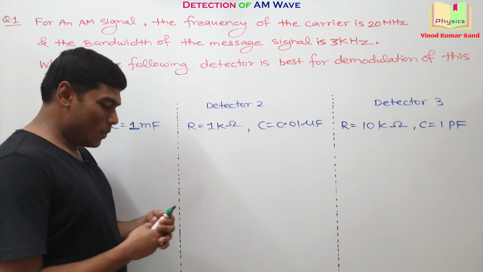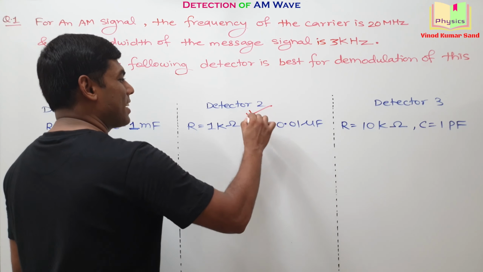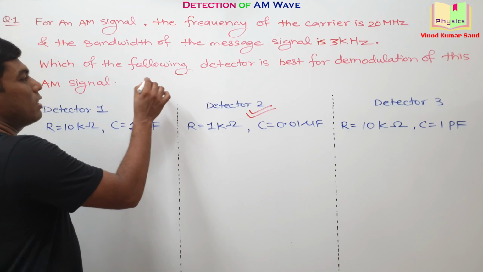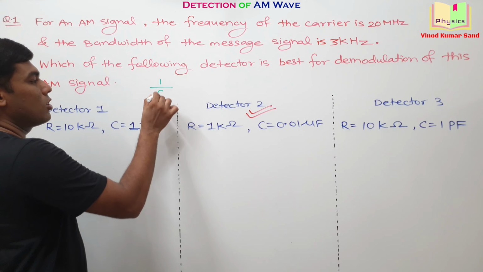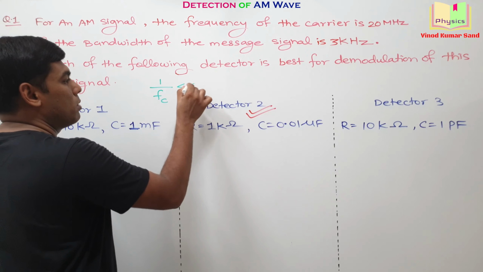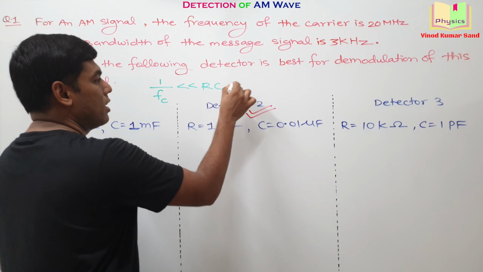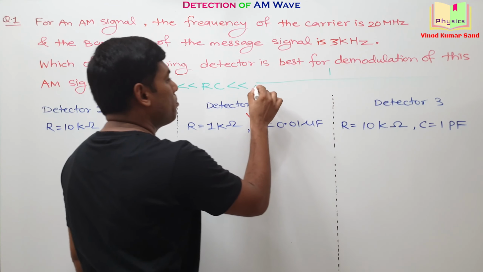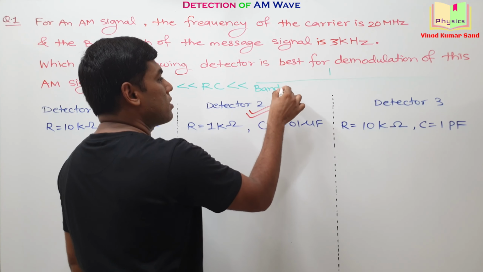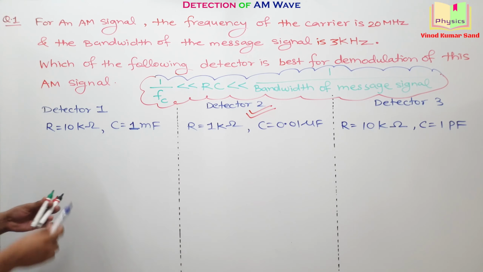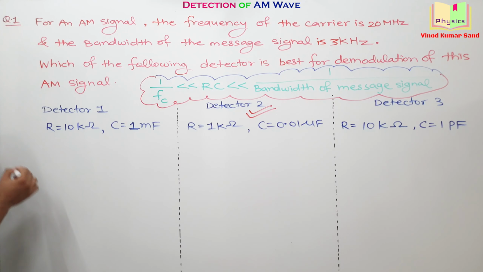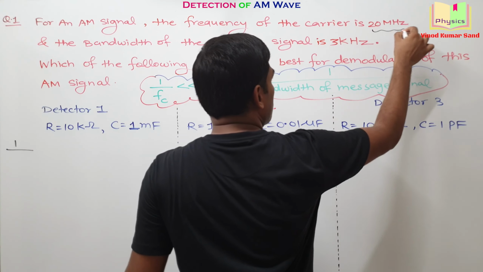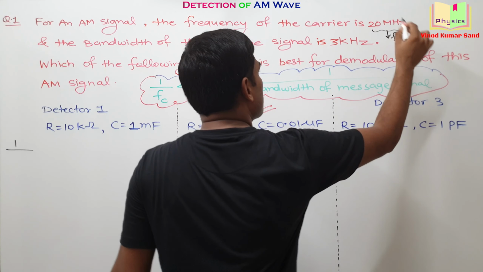I hope you got the correct answer, which is detector 2. How? For that we should remember the condition: 1 by fc should be much smaller than RC, which should be much smaller than 1 by the bandwidth of the message signal. So putting the data here, 1 by fc, the carrier frequency is 20 megahertz.